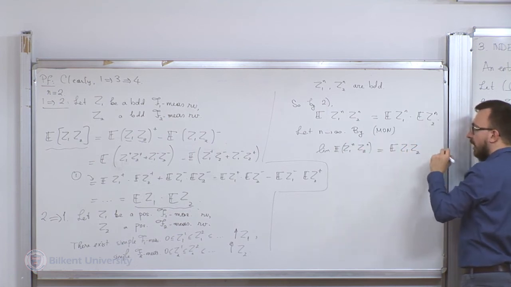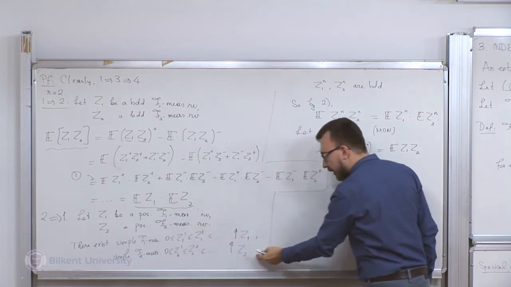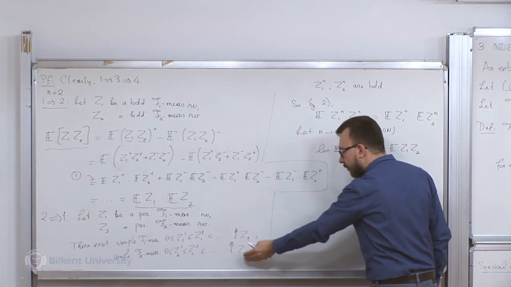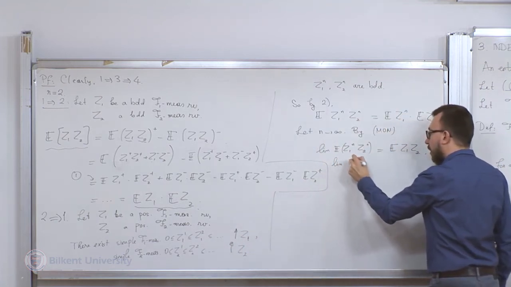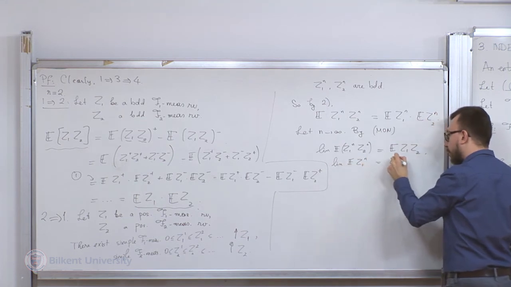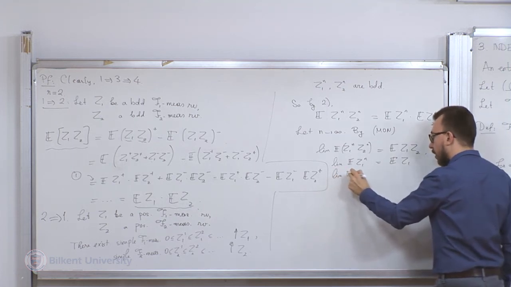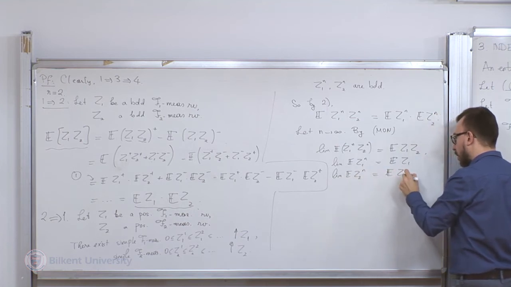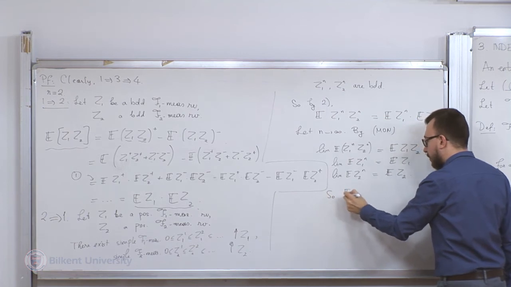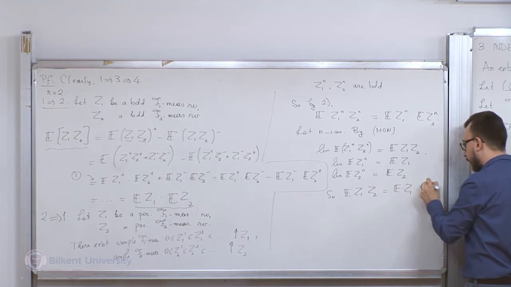Z1 times Z2, right? If you have one sequence converging to Z1, another sequence converging to Z2, their product, the product sequence converges to Z1 times Z2. The limit of the individuals also converge to the expectations of the original random variables. So we get expected value of Z1 Z2 equals expected value of Z1 times expected value of Z2.